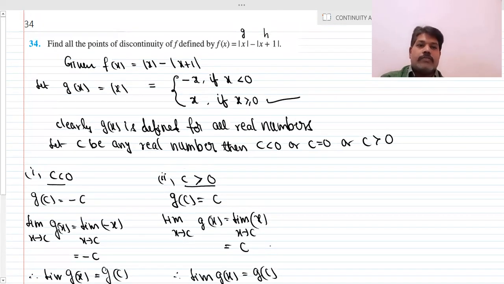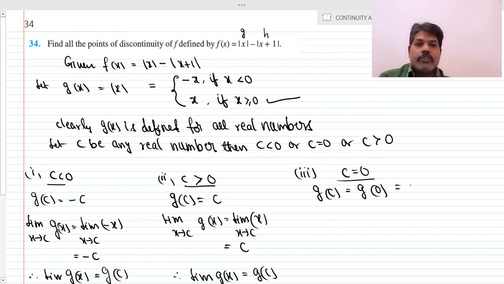Now the third case, students. If C is equal to 0, in this case you have to calculate the left hand limit and the right hand limit. First, g of C is nothing but g of 0, and g of 0 is 0 only.